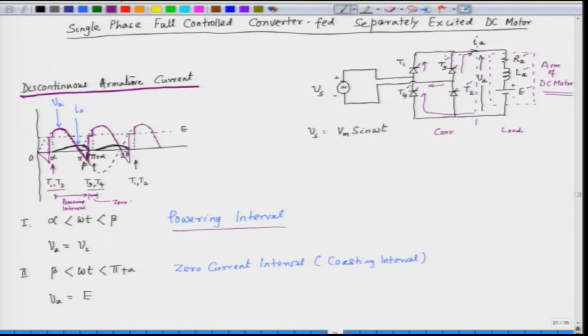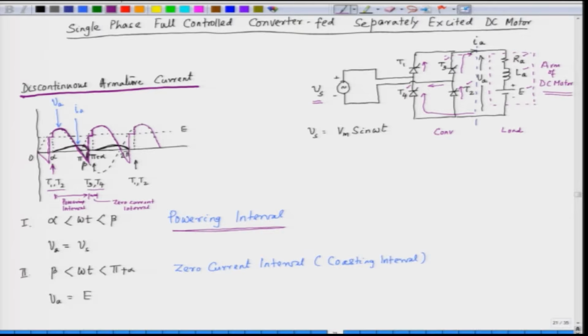At this instant we do not have any current, so we can call this the zero current interval. In the first interval, the powering interval, the applied voltage is Vs, the source voltage. We trigger the two SCRs T1 and T2, so the conduction is through T1 and then the load, and back to the source through T2.